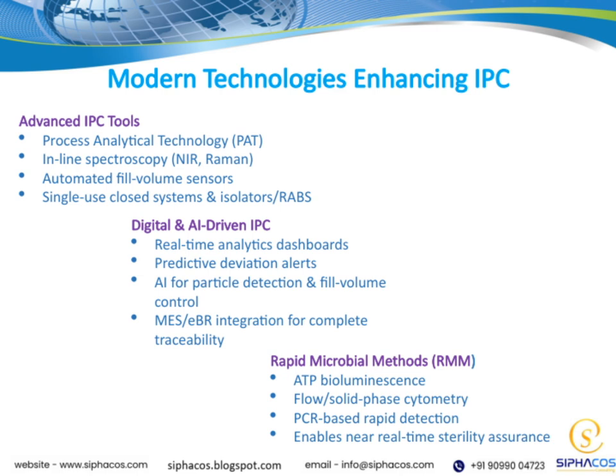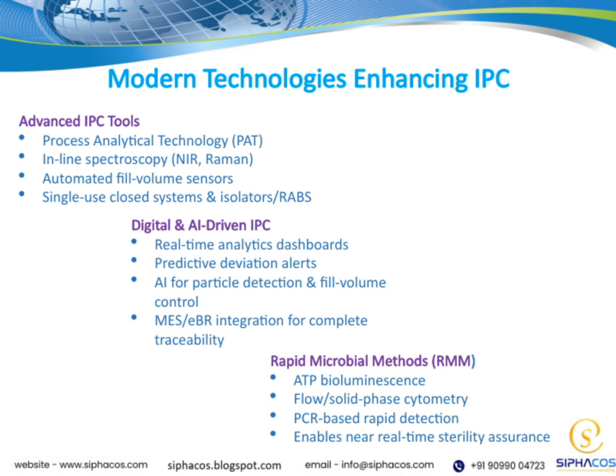Process Analytical Technology, or PAT, includes inline spectroscopy techniques like NIR and Raman, which enable us to monitor critical quality attributes continuously without sampling. Automated fill volume sensors ensure accuracy during filling processes, reducing variances.